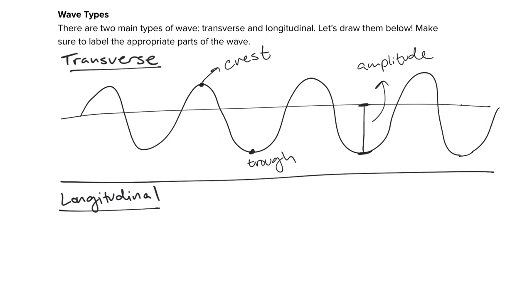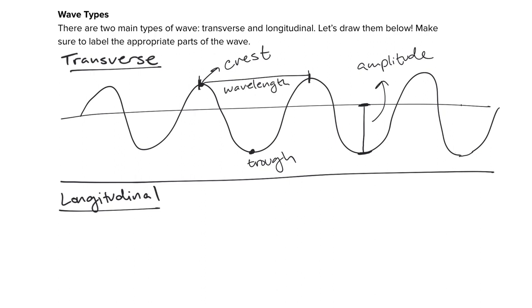Now, we also have a property called wavelength. So wavelength is the distance from one point on the wave to another similar point on the wave. So that could be like the distance from one crest to an adjacent crest. That would be a wavelength.